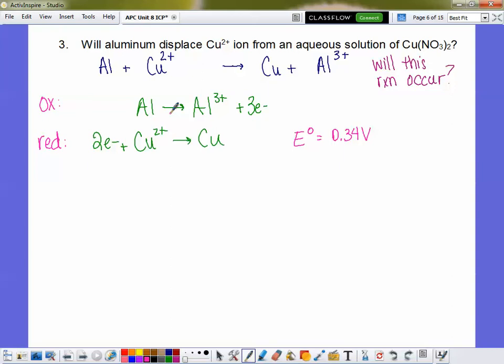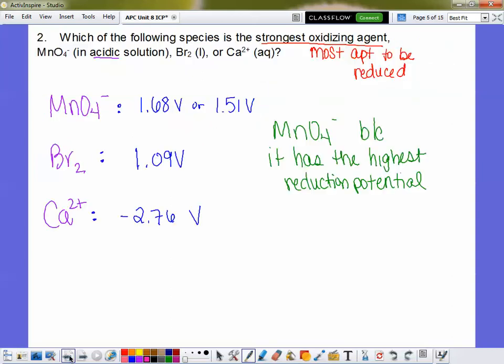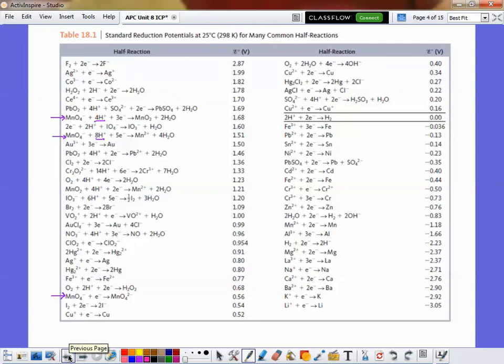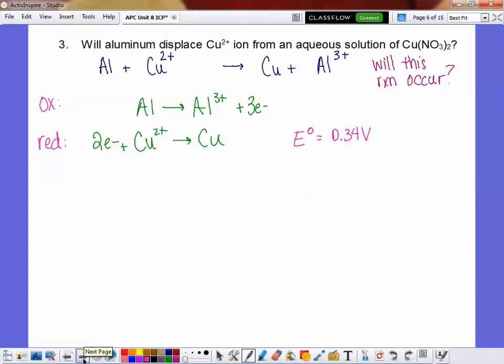So when you look at the chart, you have to flip the equation around in your head and find aluminum 3+ going down to aluminum, which is right here, negative 1.66. So this one, the E, it's negative 1.66 for the reversed equation. So what do we do to the sign? Positive. Make it positive. So this would be positive 1.66 volts. It was negative 1.66 volts for reduction, but because this was oxidation, we have to flip it.